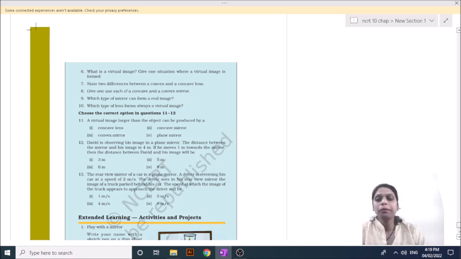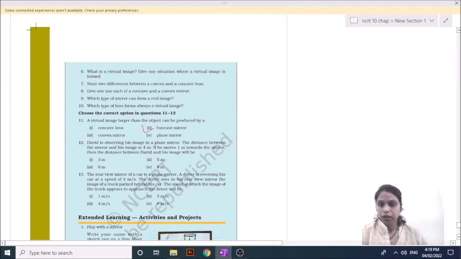Concave mirrors always form a real image because we can get that image on the screen. Which type of lens or mirror always forms a virtual image? A plane mirror always forms a virtual image. A virtual image larger than the object can be produced by a concave mirror.